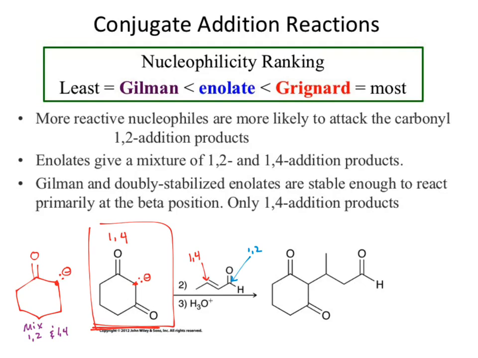Why does our boxed one get us 1,4 and not a mix? For the same reason the Gilman does 1,4, the same reason for our dione. It is a weaker nucleophile. The enolate sits perfectly in the middle between 1,2 and 1,4. The instant I do 2 resonance structures, I've now done what to the strength of the nucleophile? I've weakened it. With it now being weaker, what happens? It can only react with the 1,4.